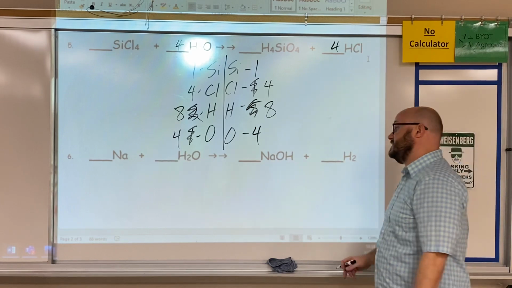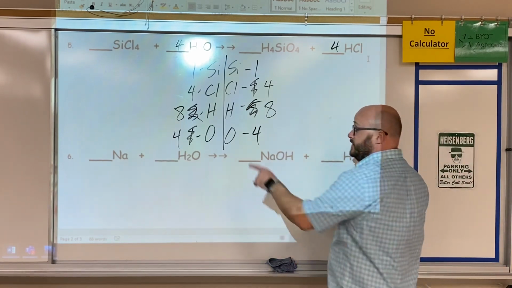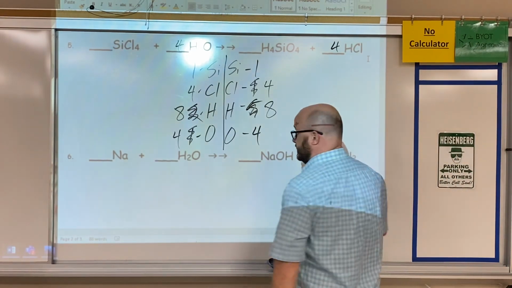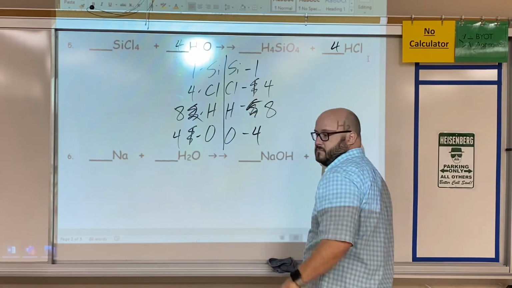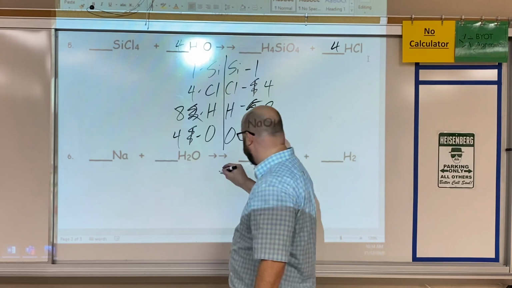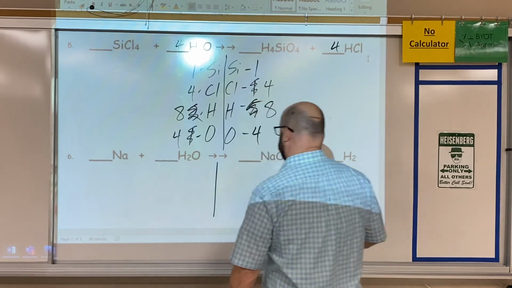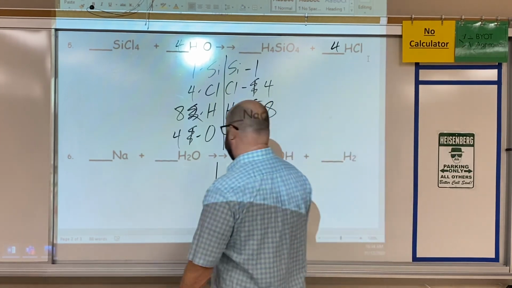Okay, let's look at this. This is a fun reaction. Anytime you add an alkali metal to dihydrogen monoxide or water, you get an explosion. So this is quite a violent reaction as well. You've got 3 elements.